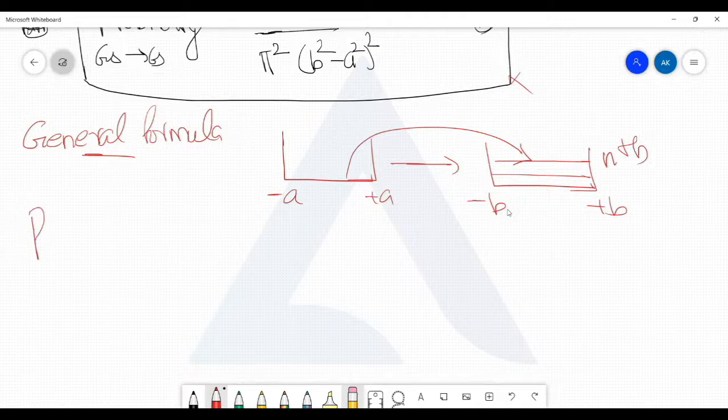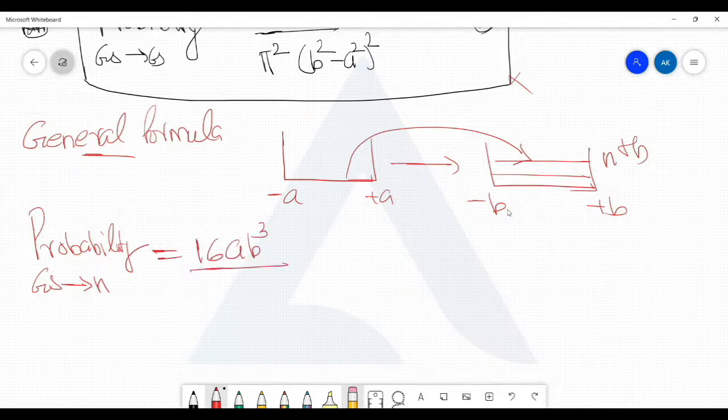So the probability from ground state to nth state is equal to 16 a b cube divided by pi square into b square minus n a square.